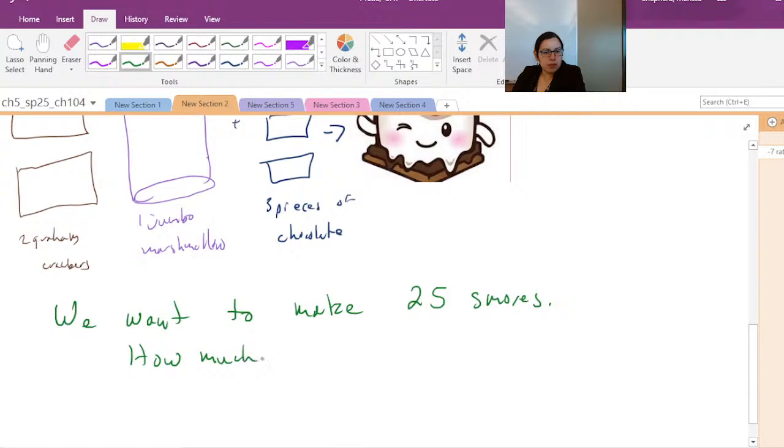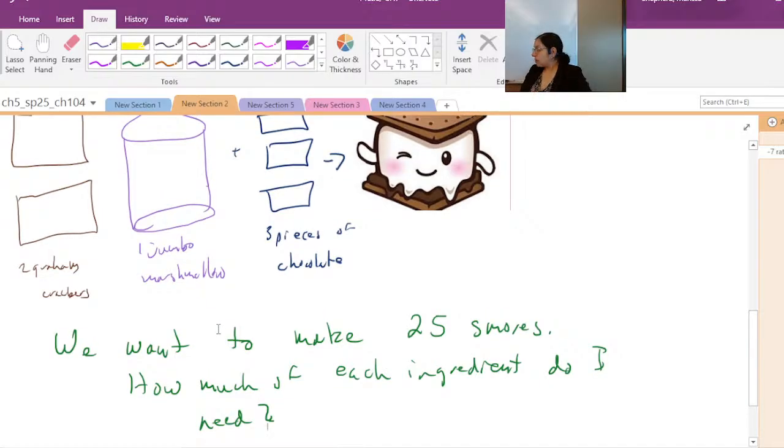So how much of each ingredient do I need? So take a minute or so to look at that.